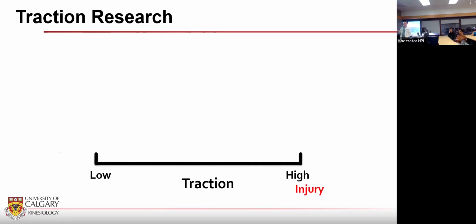From our previous work, we showed that high traction results in an increase in lower extremity injury risk due to these increased joint loads. So the question becomes, why don't we just make traction as low as possible? Because we would then make these athletes as safe as possible.